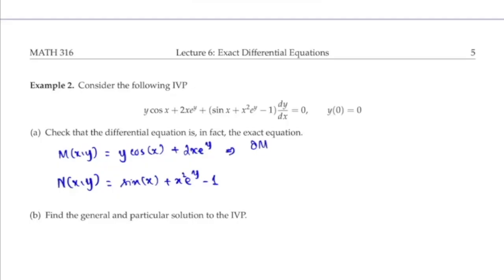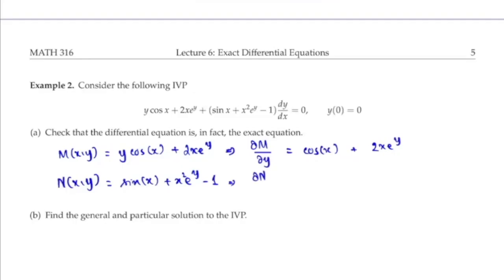So you have partial M partial y is equal to, the partial derivative of this term with respect to y, it's just cosine of x, plus the partial derivative of 2x times e to the y with respect to y, which is just 2x times e to the y.